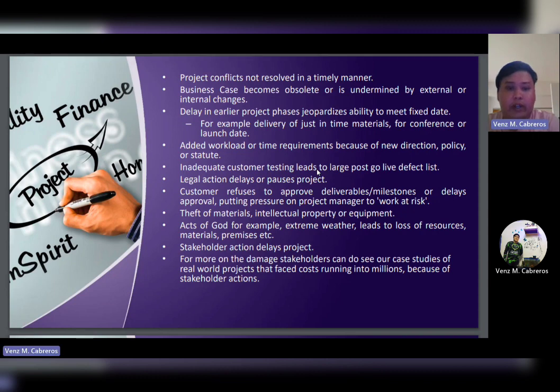Stakeholder action delays project. For more on the damage stakeholders can do, see our case studies of real-world projects that faced costs running into millions because of stakeholders' action.